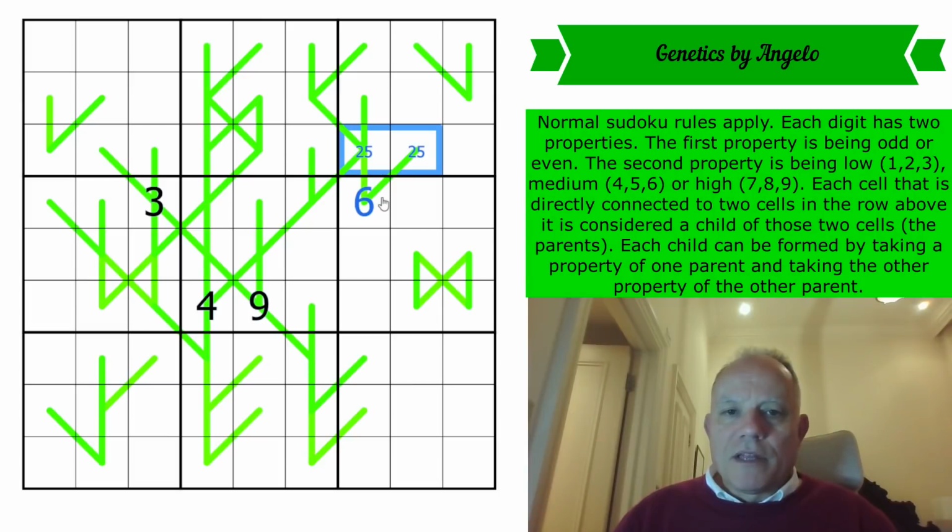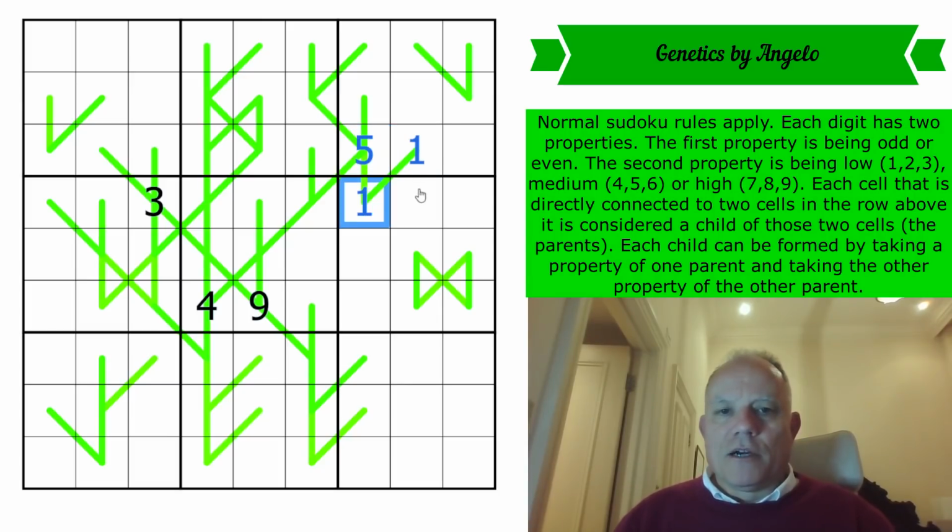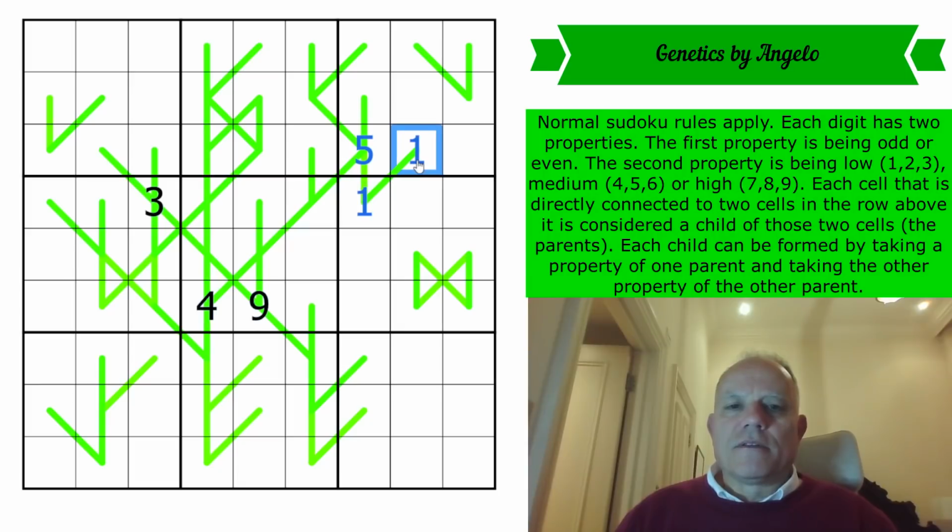Also, parents with values 1 and 5 can have a 1 as a child. So 1 is not giving birth to itself, it's giving birth to another 1. And obviously the low parent is the 1, and therefore the odd parent is the 5. Even though 1 is odd, 5 is acting as the parent that gives the parity property, because one parent gives one property and the other gives the other.